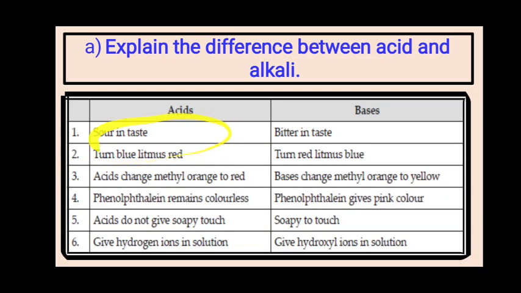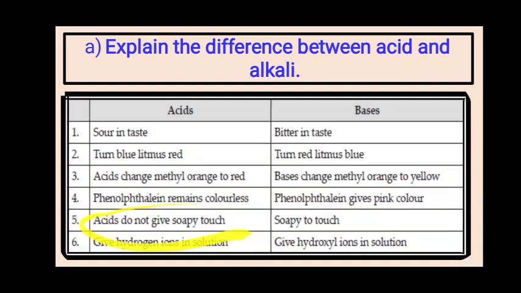Acids turn blue litmus red and bases turn red litmus blue. Acids change methyl orange to red and bases change methyl orange to yellow. Phenolphthalein remains colorless in acids and phenolphthalein gives pink color to bases.